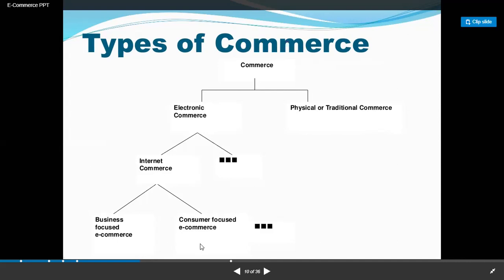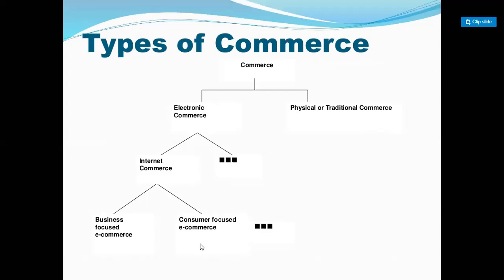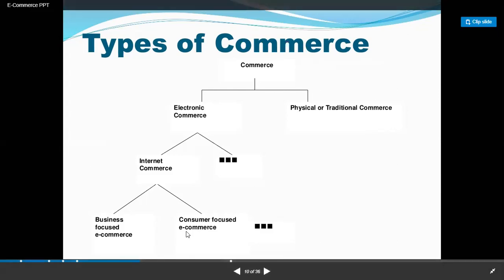Consumer focused means I want to buy something using the internet. If I want to buy clothing and I go to different sites like Amazon and purchase something, that is consumer focused e-commerce. Okay, so this is how you will write down the types of e-commerce.